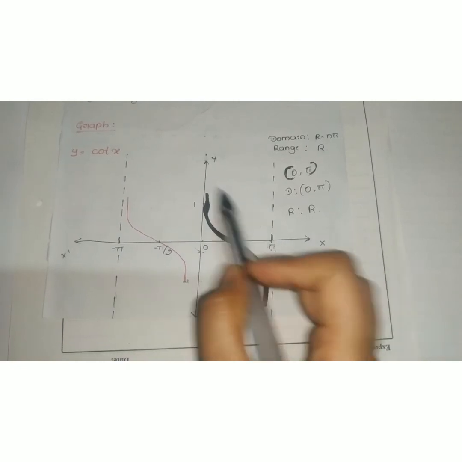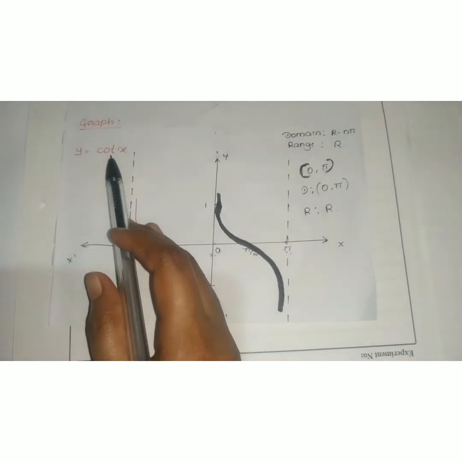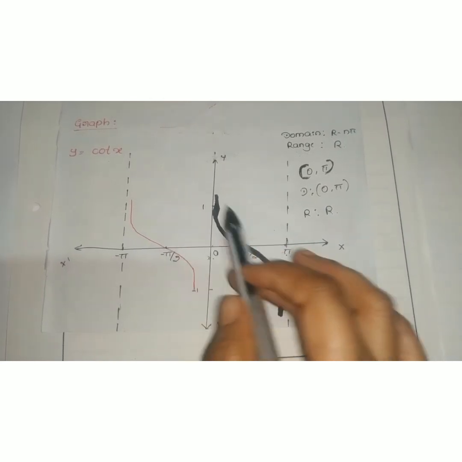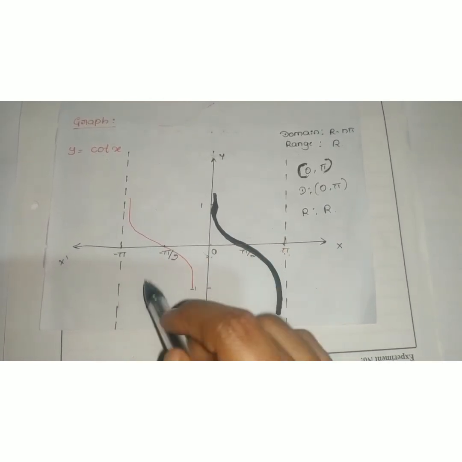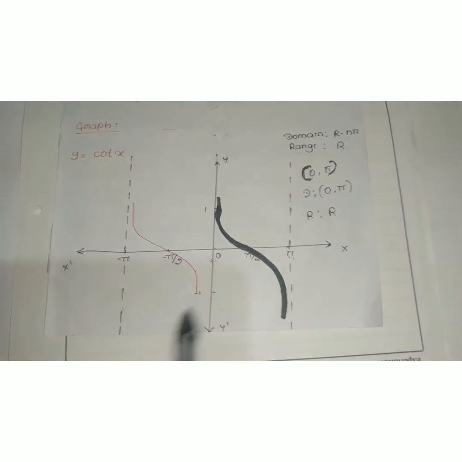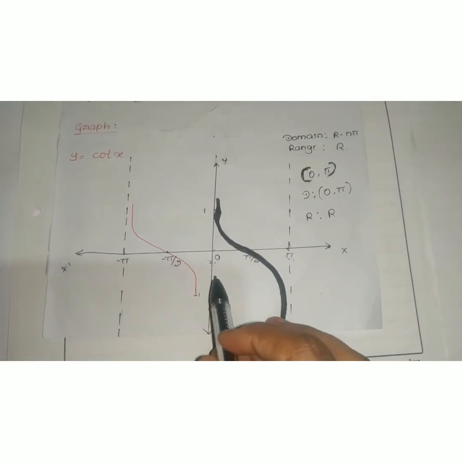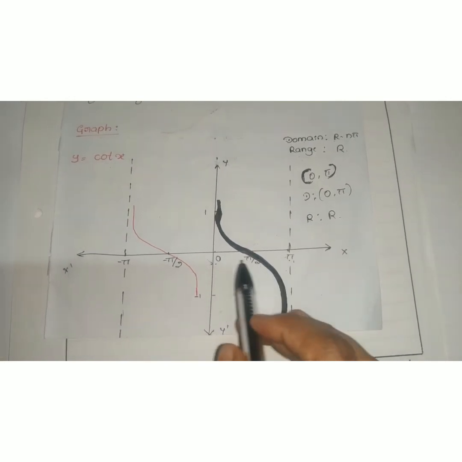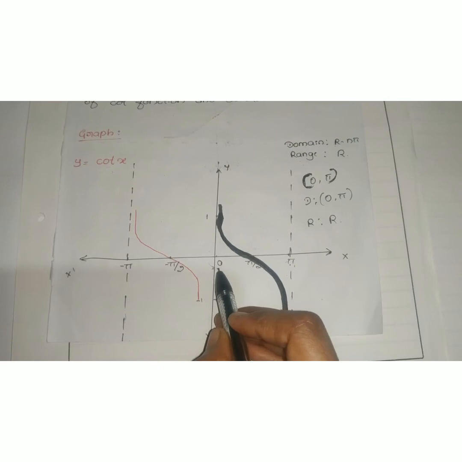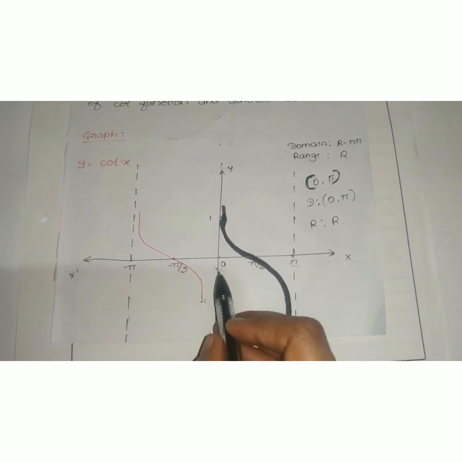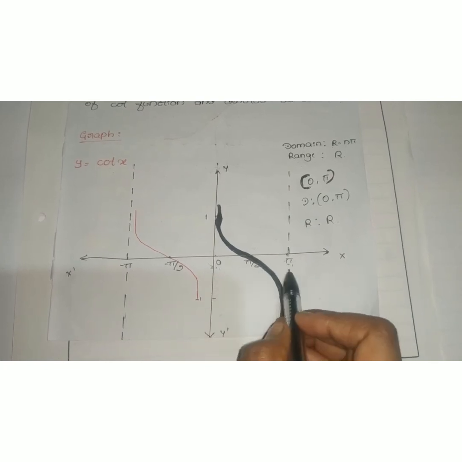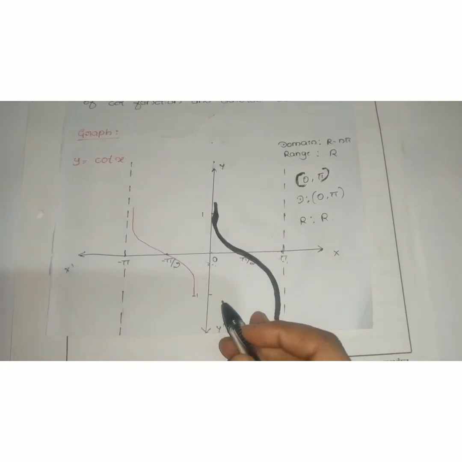This is the graphical representation of the cot function. And like other trigonometric functions, the cot function is also not a bijective function over its natural domain and range. We make it invertible by restricting the domain. So here we restrict the domain to the interval 0 to pi, but exclude 0 and pi because at these values the cot function is not defined.